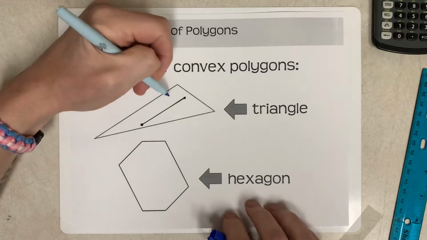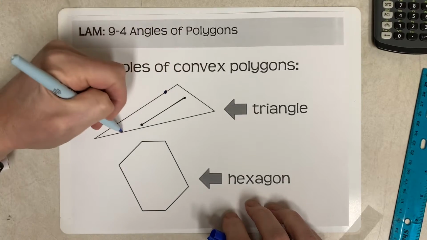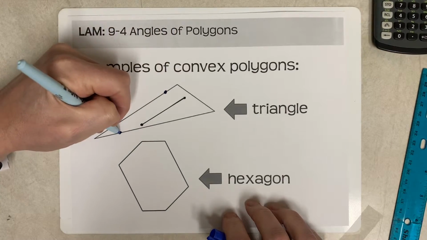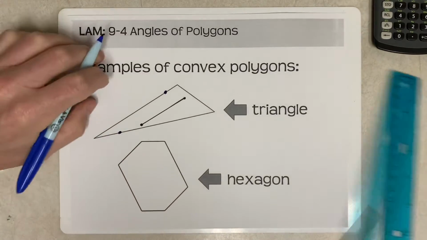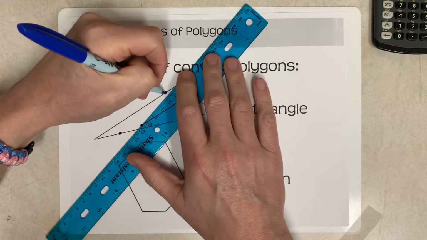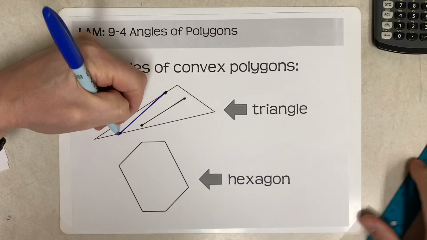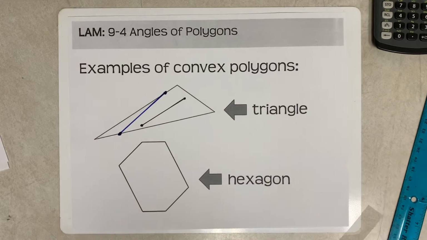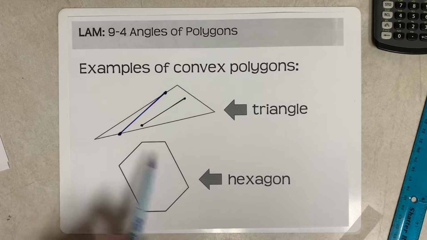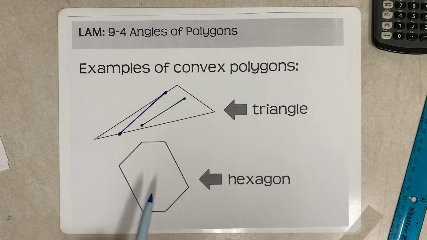If I take this one and this one, then the entire segment should fall in the triangle, and it does. For a hexagon, same thing. It's got 6 sides. So if you pick any 2 points in or on this figure, the whole segment is either going to be inside or on it.